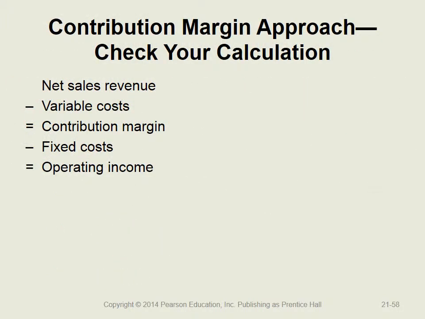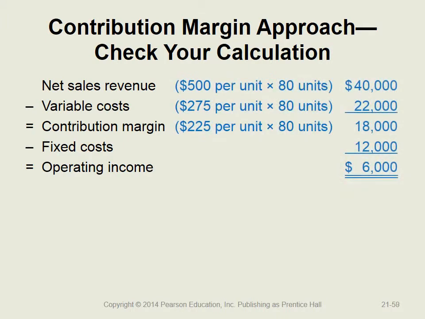Previously, we proved our answer using the equation approach. We can also prove our answer using the contribution margin income statement format. As you can see, a contribution format income statement prepared for sales volume of 80 units results in operating income of $6,000.